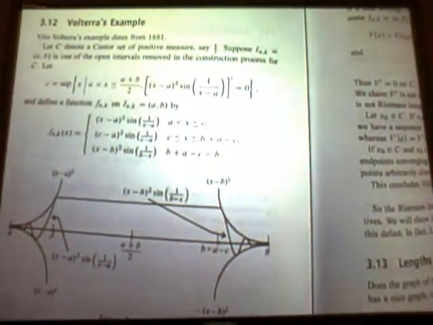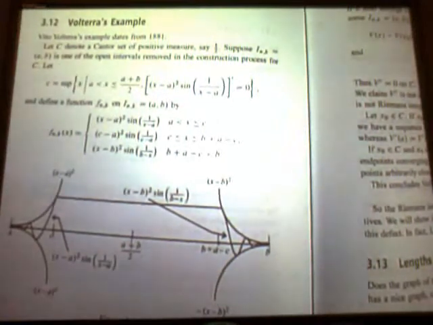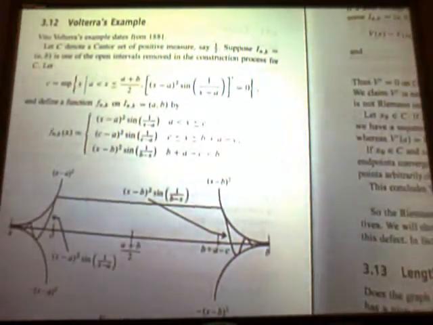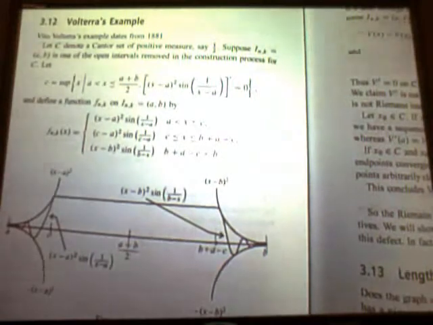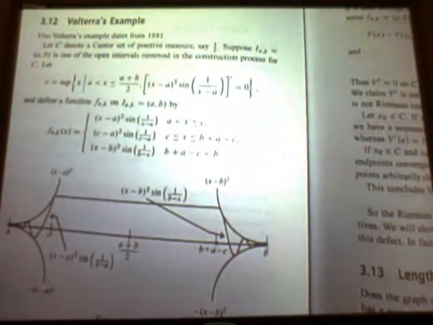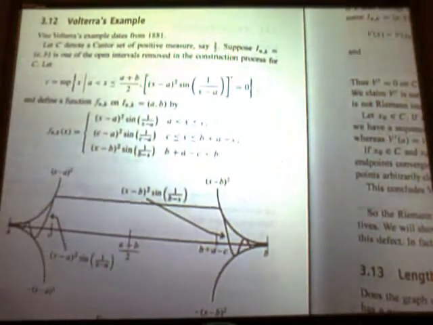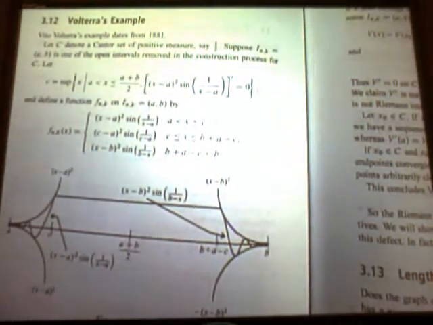The Volterra example, basically, what it wants to do is show you that something's differentiable and not continuous. So at the end, basically, they're going to say that the partitions are greater than epsilon. The way the book does it is they're using the Cantor set, letting C denote the Cantor set of positive measure.